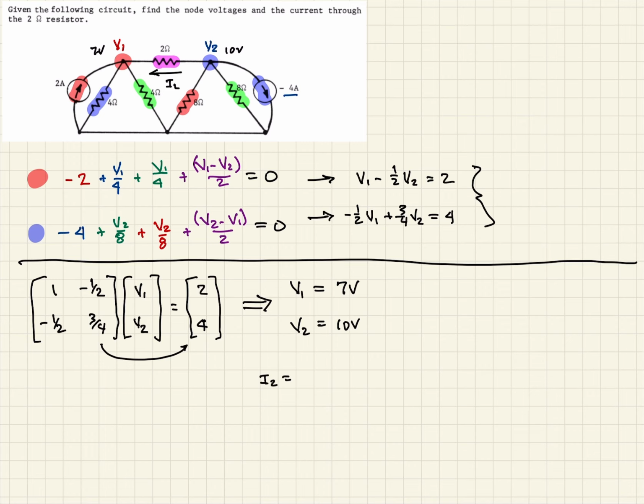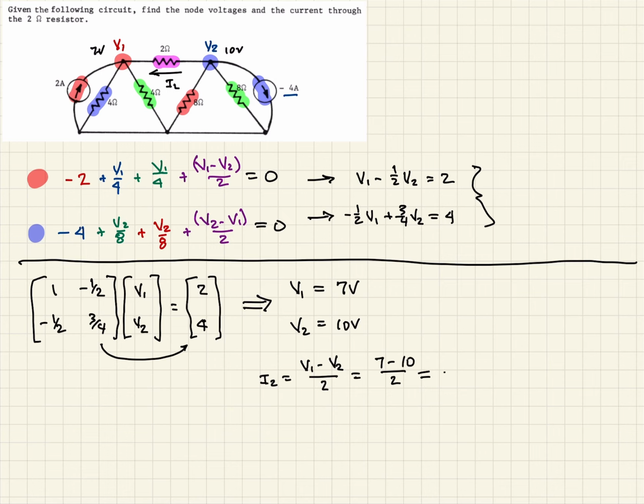So I2 is going to be equal to the difference in the voltages, V1 minus V2, over the resistance, which is 2. So what we will have then is 7 minus 10, over 2.